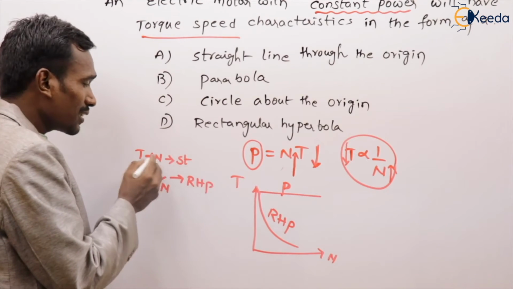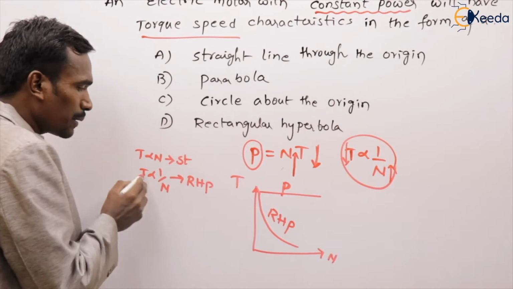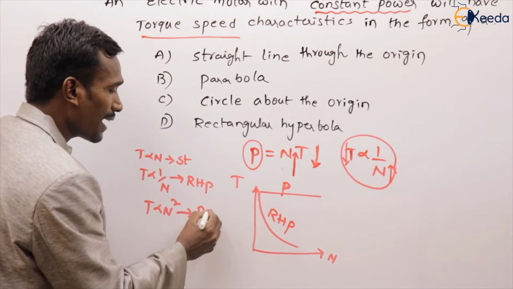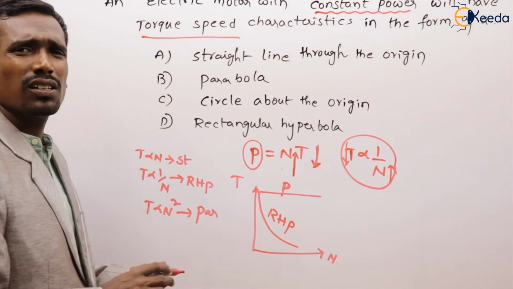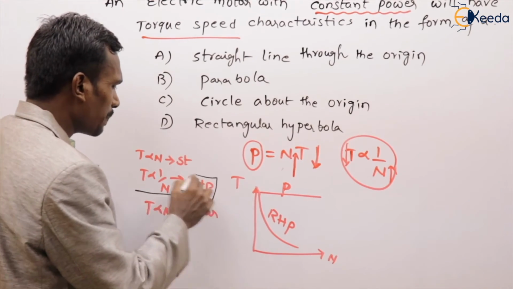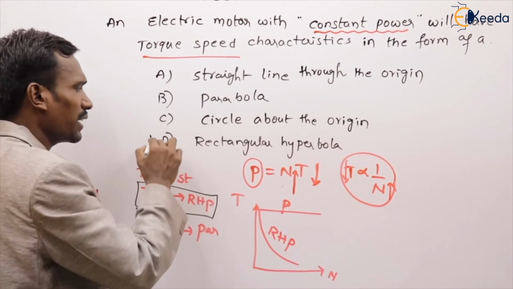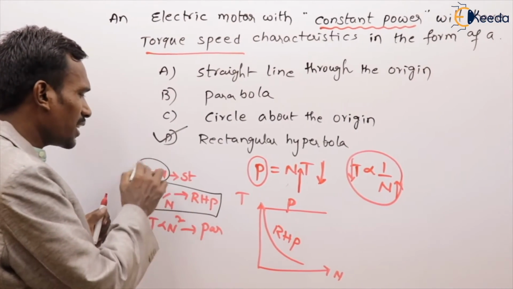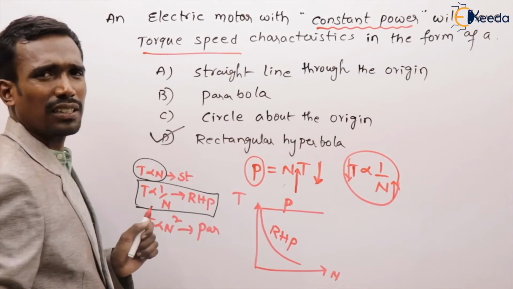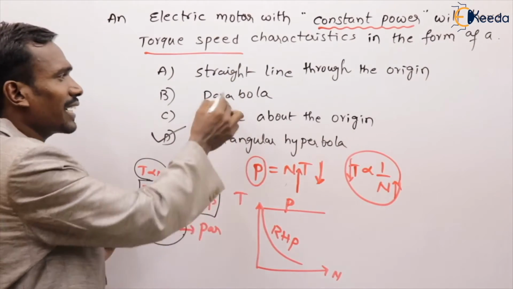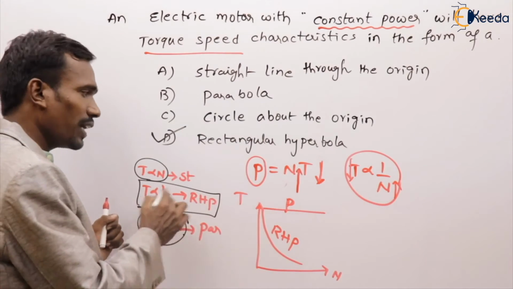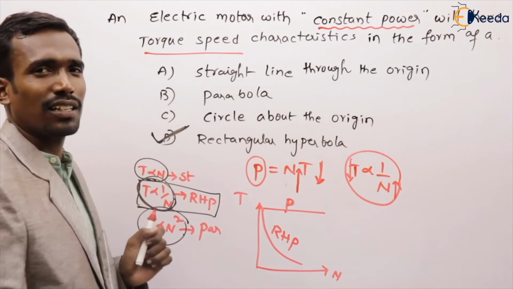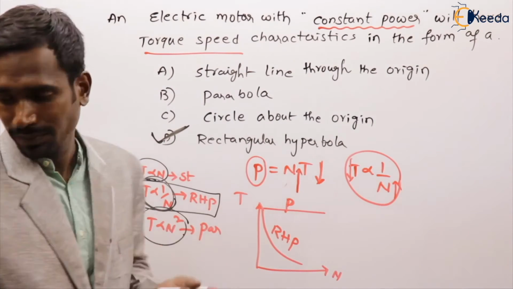If torque is directly proportional to n square, parabola. We know all these. So here, generally inversely proportional, that's why rectangular hyperbola is the correct answer. If the condition were directly proportional, then the first one would be correct. If directly proportional to the square, then the second one. But now here the torque is inversely proportional to speed. That's why option D is the correct answer. Right? Next question.